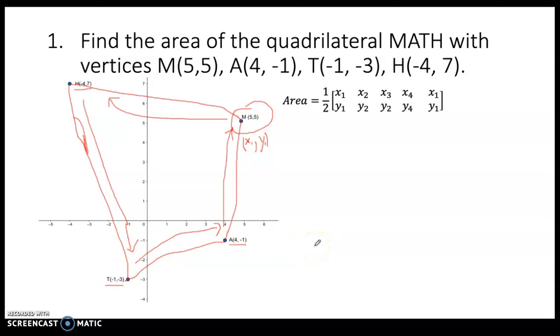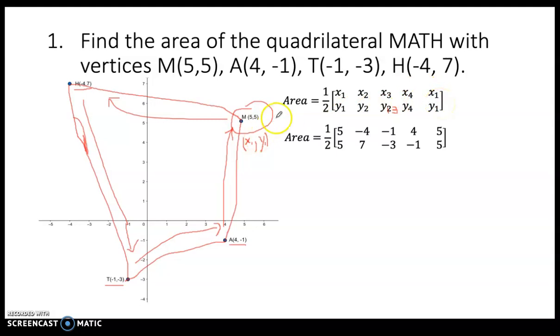So the area. Area is simply 1/2 the determinant of these matrices. X sub 1, x sub 2, oh, this should be x sub 3. Okay. X sub 1, x sub 2, x sub 3, x sub 4, x sub 1, y sub 1, y sub 2, y sub 3, y sub 4, and y sub 1.